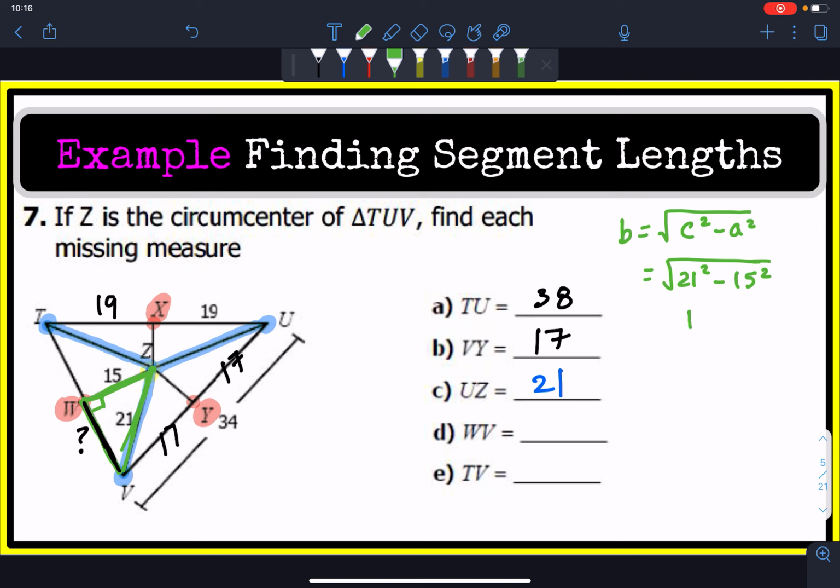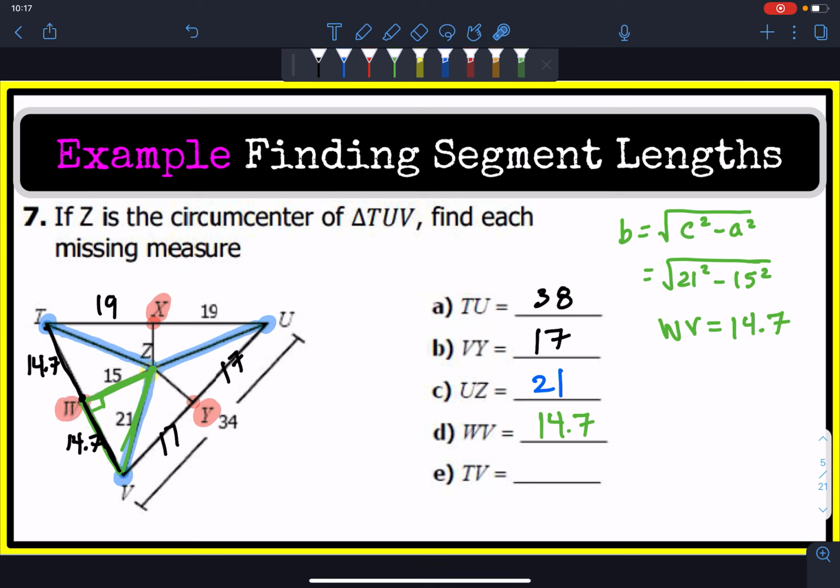So W to V is equal to 14.7. And now TV, from point T to point V. Well, since we just found that W to V is 14.7, then T to W is also going to be 14.7, because remember, W is in the middle.